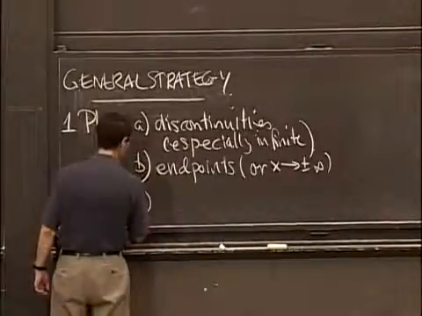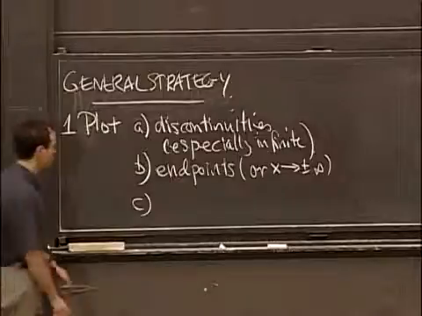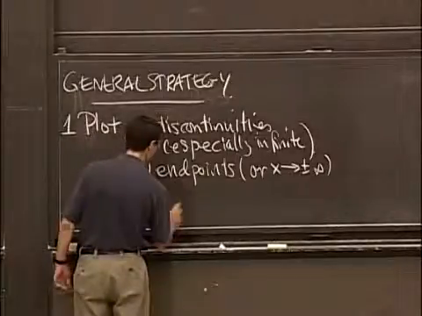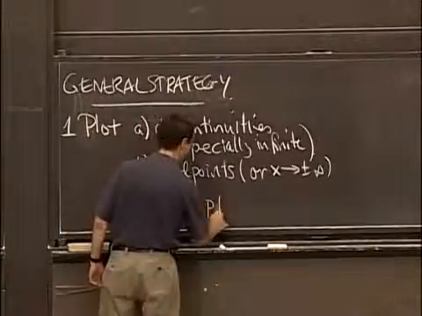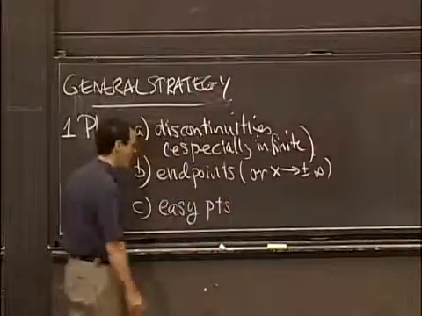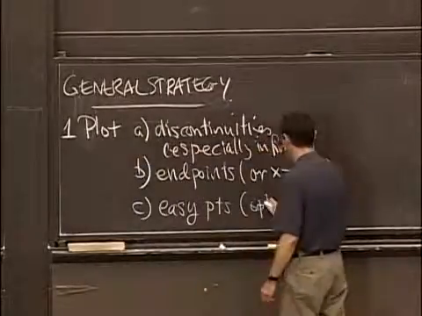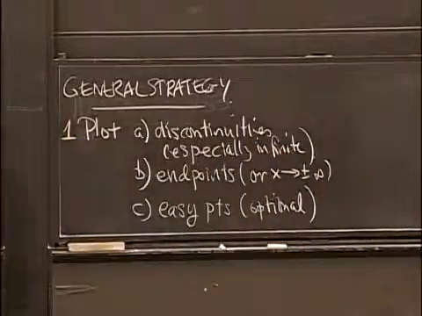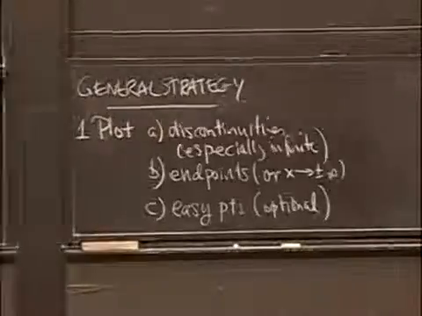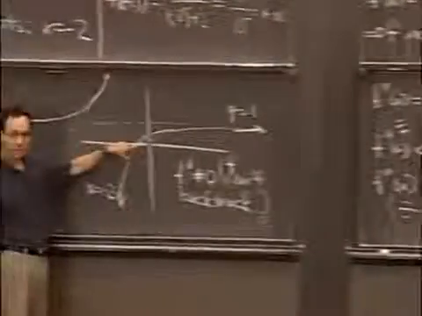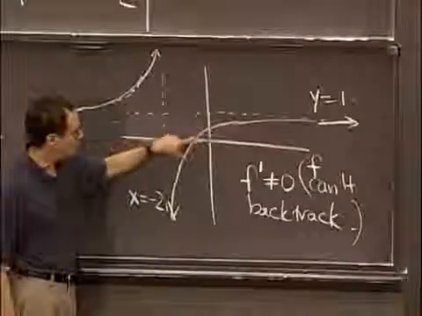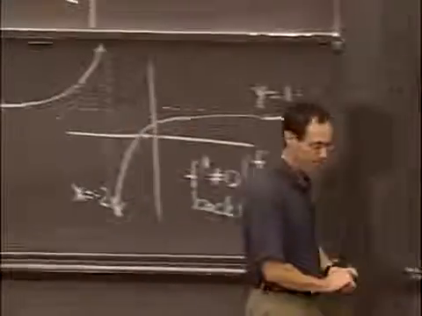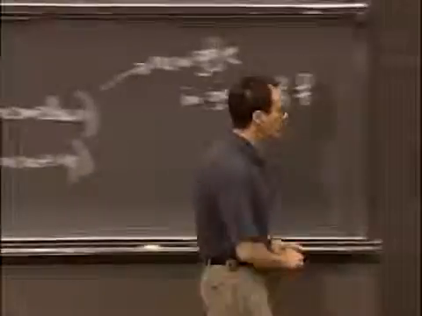And the third thing you can do is plot any easy points. This is optional and at your discretion. You might, for instance, on this example, plot the places where the graph crosses the axis, if you want to.